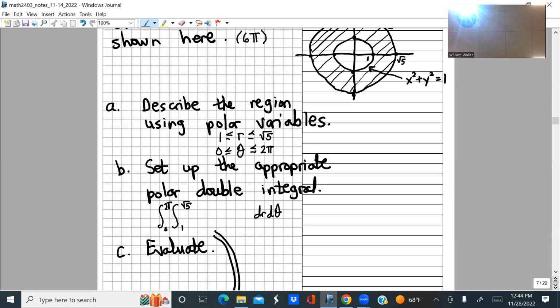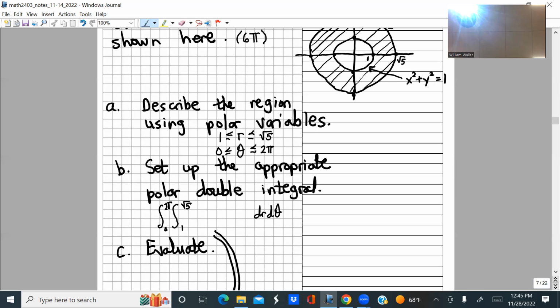See, that would have been nasty limits of integration trying to do this in rectangular coordinates because we have a bunch of squares and square roots. So we have that nasty integration, but in polar coordinates, simple. It's constants. Now, how do we find the integrand?